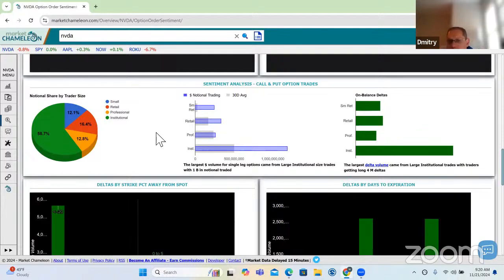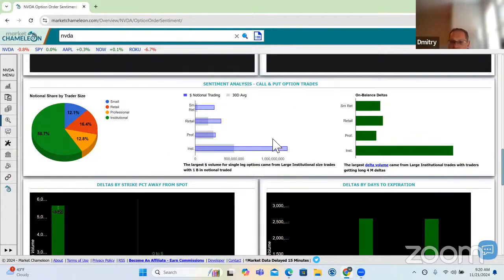So this is what these bars show us, and it's a breakdown by today's notional dollar value of the trades versus the 30-day average. So you could see here that the 30-day average are in these gray bars, and then we get this blue bar showing us today's. So once the blue exceeds the gray, it's showing us that on a relative basis, today's trading is much more significant.